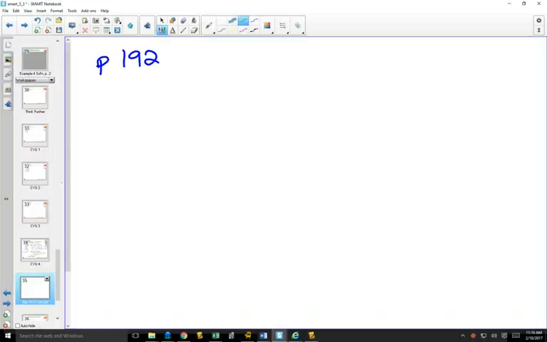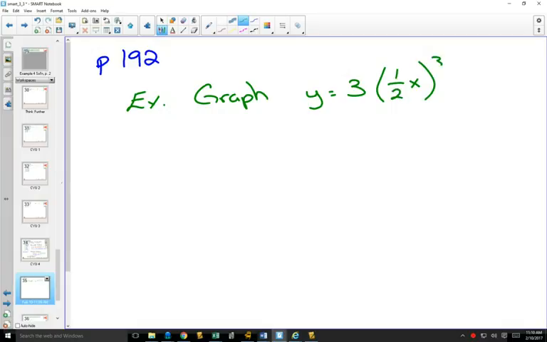So on the blank page on page 192, we are going to do the following example. We are going to graph y equals 3 times 1/2 x cubed.